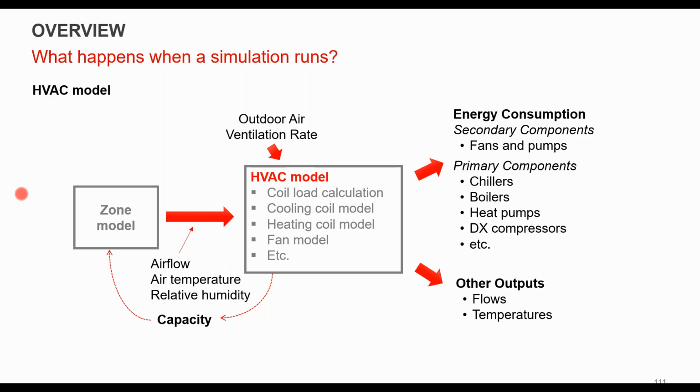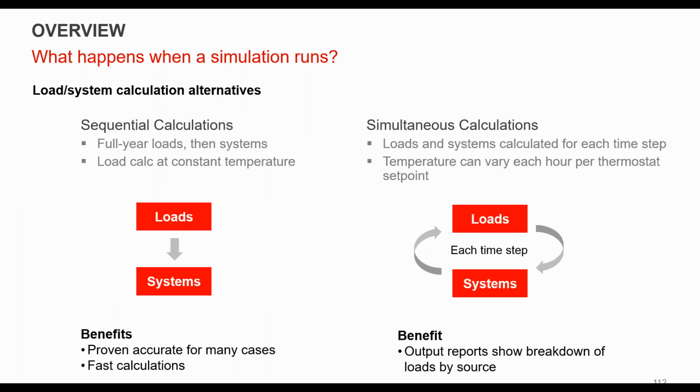There's a ton of data that comes out of every simulation you run, and you might not need all of it, but most of the tools these days have a lot of data that you can collect. Particularly if you're running the heat balance method, you get a lot more data about where loads are coming from and about thermal comfort, for example, which you don't really get when you're using a response factor weighting factor tool.